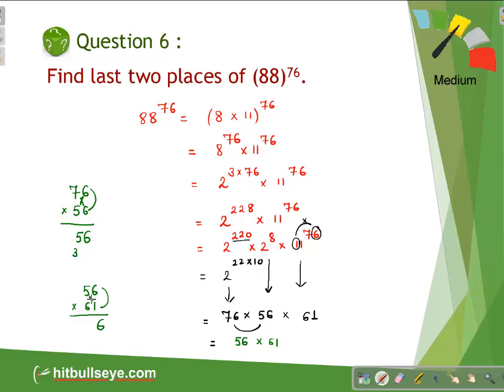Now the cross multiplication, this is 5 plus 36, which comes out to be 41. I'm leaving 4, I'm considering only 1 because we were interested only in the last two places. That's why the answer for this question will be 16. If you are not comfortable with one line multiplication, you can multiply with the conventional method.